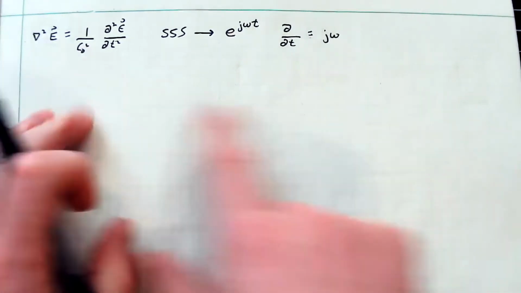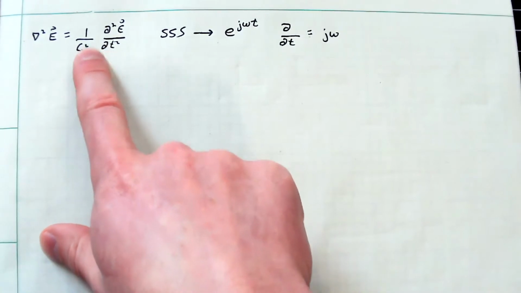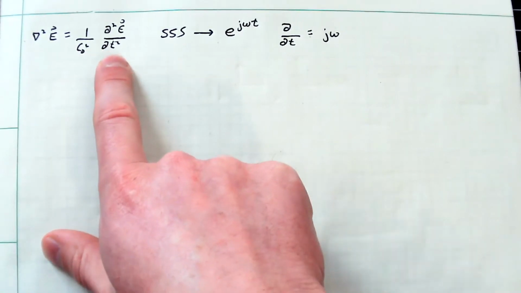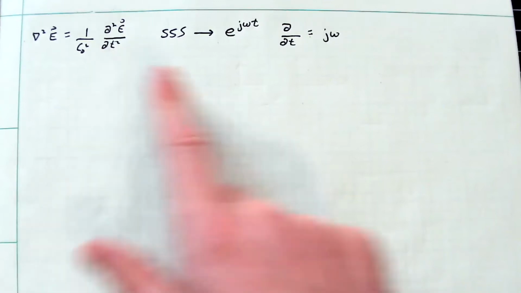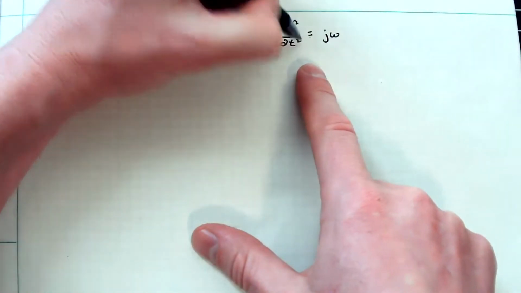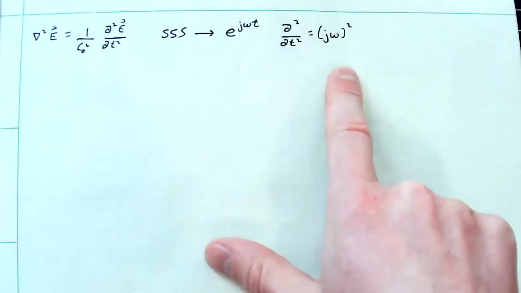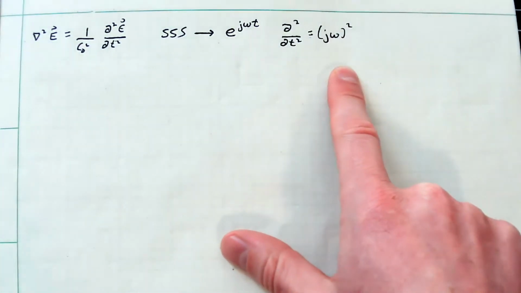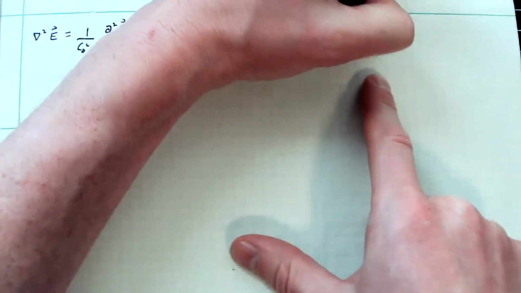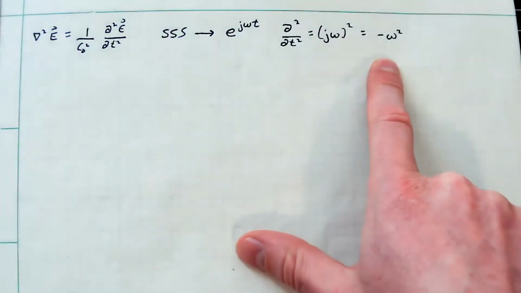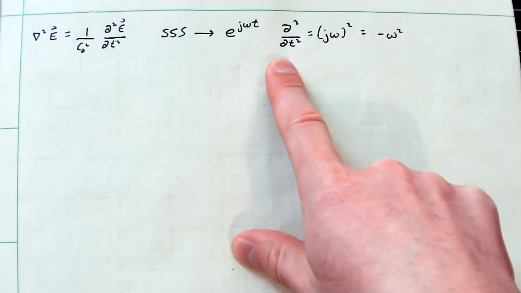So what that means is, nothing really changes here. I've got this 1 over c squared. I have these two derivatives here, right? So if I do a second partial, all that fundamentally happens is this becomes squared. So you'll get a negative omega squared anywhere you see that second time derivative.